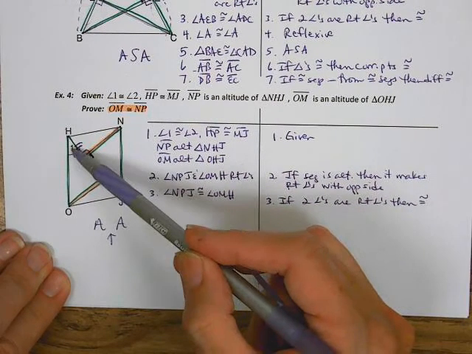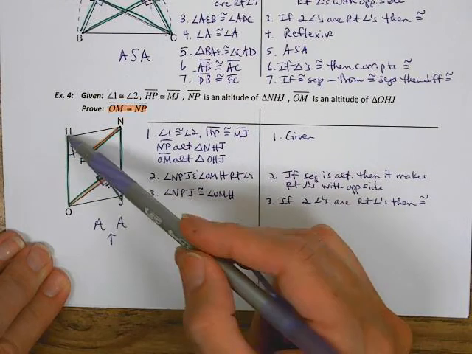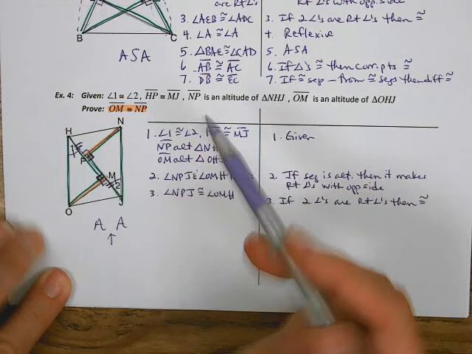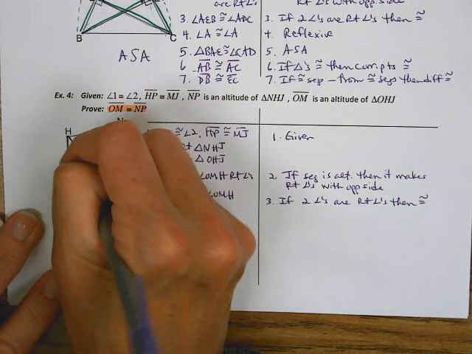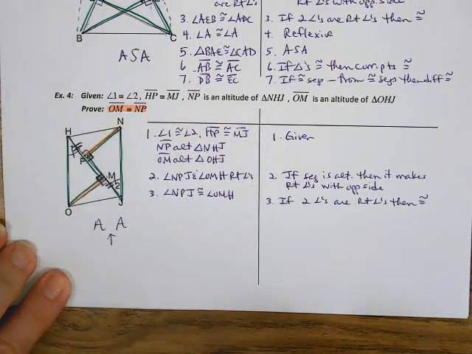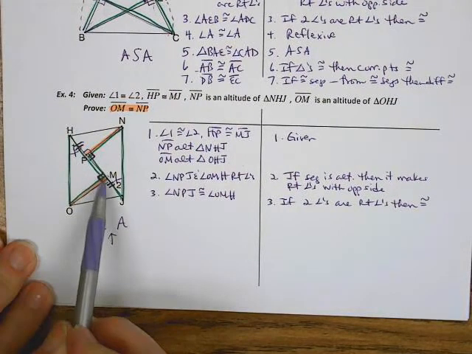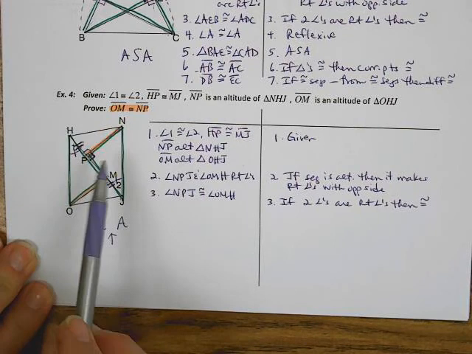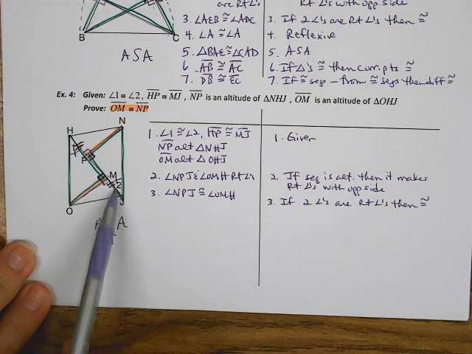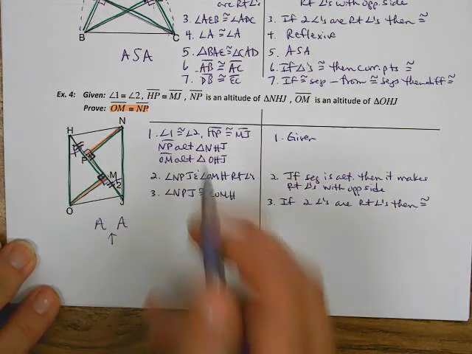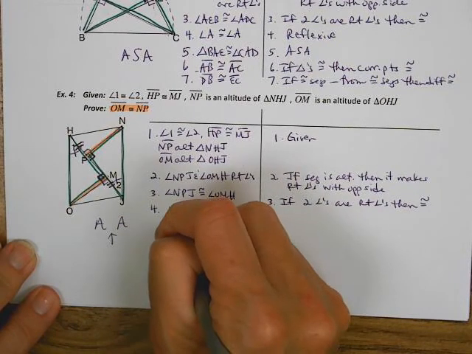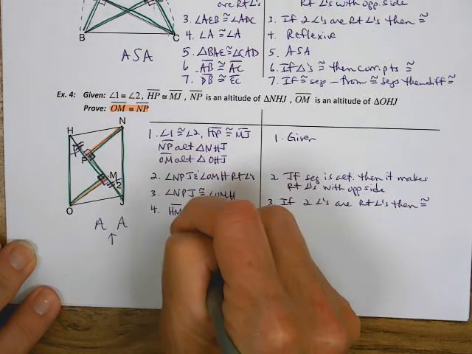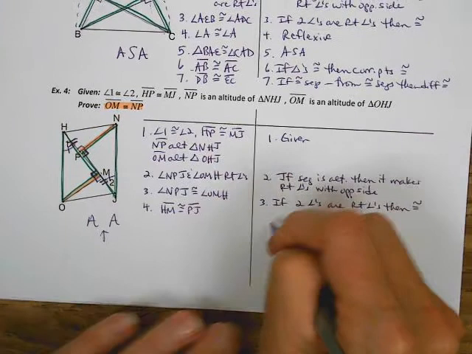And if I have angle 1 and this right angle, the side in between has to be HM. So the question is, how do you use these 2 little segments to get HM congruent to PJ? Do you remember what we do when we have 2 segments and a space in between? We can add, so that is HM congruent to PJ.